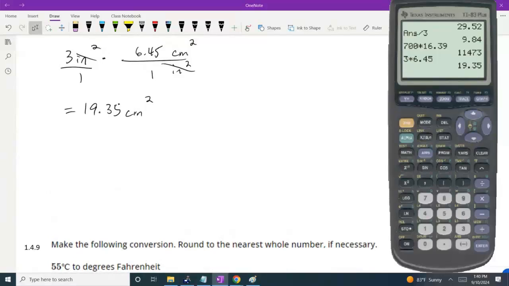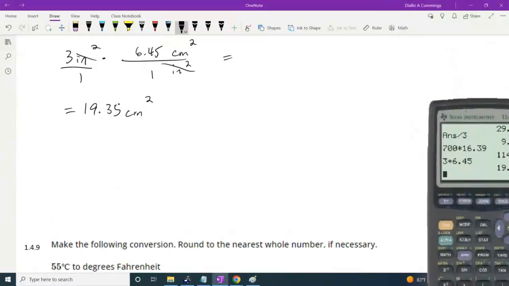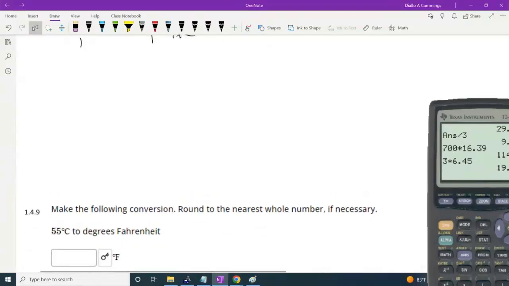All right, next we get into weight. And I'm just going to write down a couple of formulas. Some formulas for temperature.